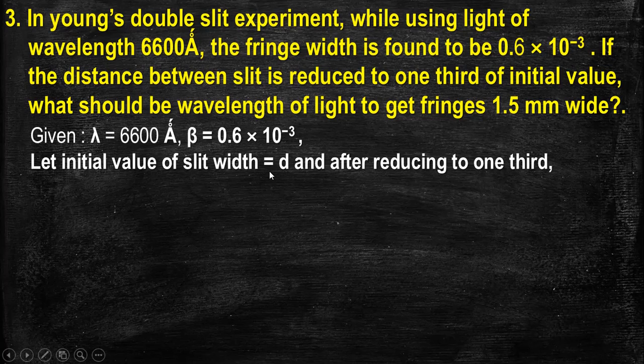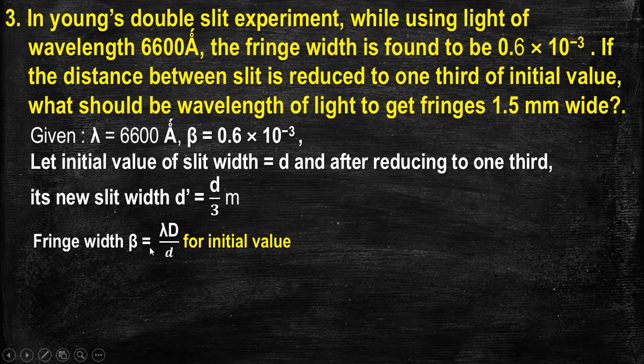Then initial value of the slit width, we have to assume that it is equal to small d. Then after reducing it to one third, the new slit width becomes d by 3, because in the problem they have given that the slit is reduced to one third of its initial value, so small d is the initial value and one third of d is the reduced value.